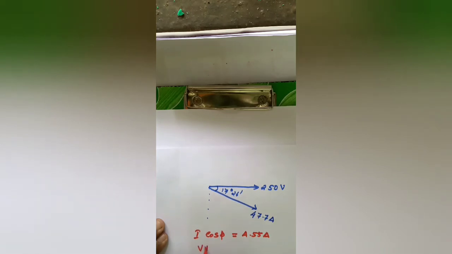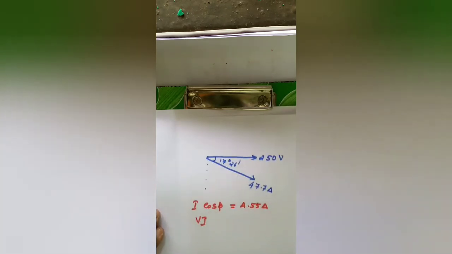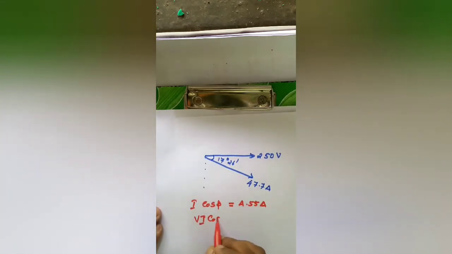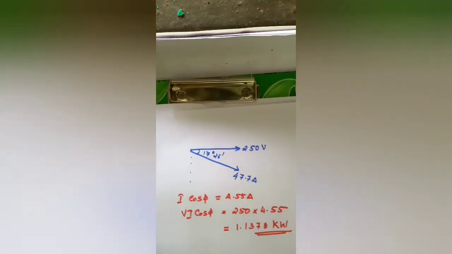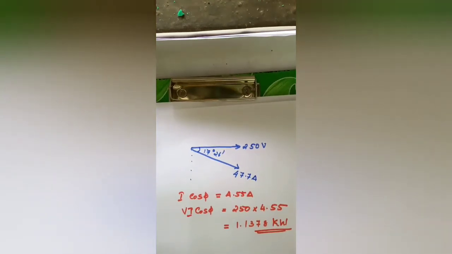Therefore, V I cos phi is equal to 250 into 4.55, that is equal to 1.1378 kilowatt. The value is in watt, then we convert that into kilowatt, divided by 1000.